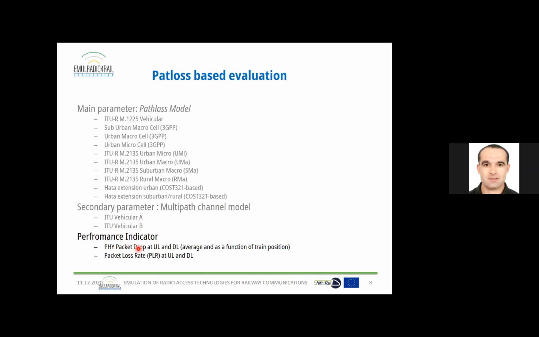This means that we compute the packet drop without considering the retransmission mechanism of the LTE technology. For this indicator, we compute the average, and also consider this parameter as a function of the train position. As a second indicator, we consider the packet loss rate at uplink and downlink, and here we take into account the retransmission mechanism of LTE technology.